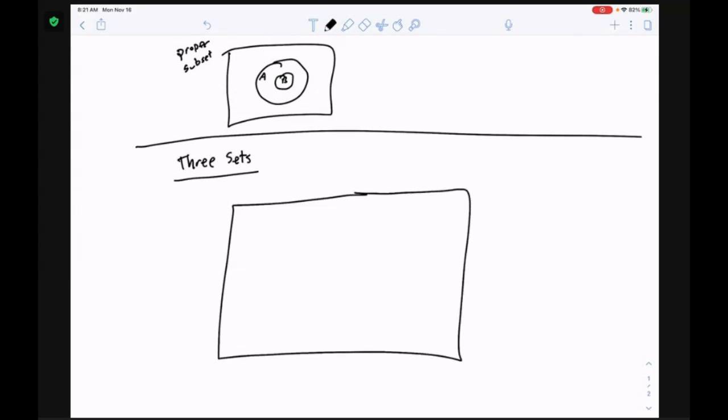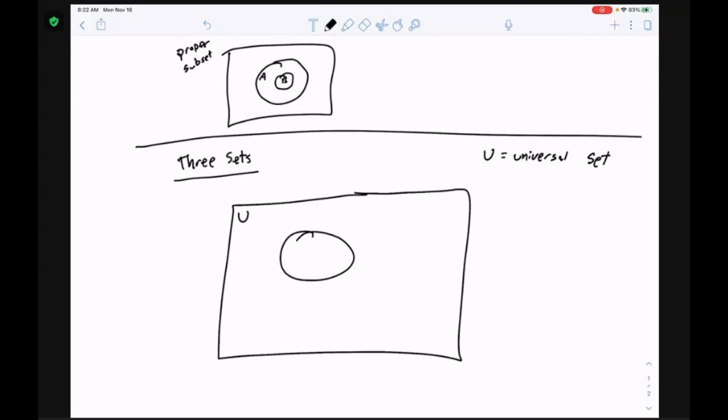Of course, this entire piece is our universal set. We refer to the entire rectangle as our universal set. Just as a reminder, U is just the universal. And then we have our three sets. Now you can draw them in many different ways.